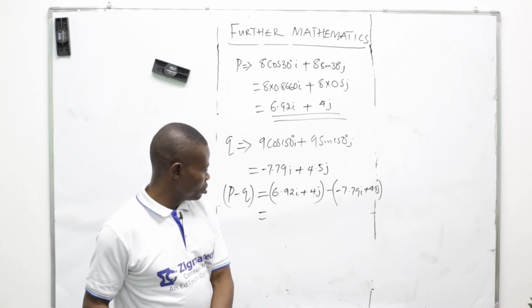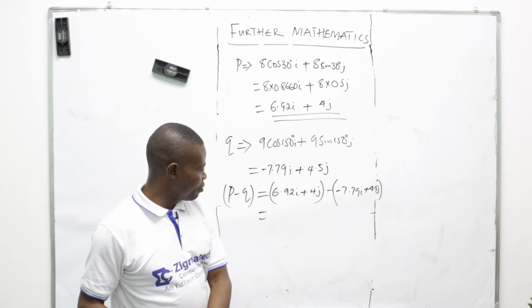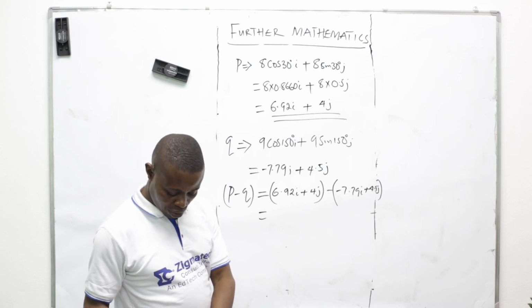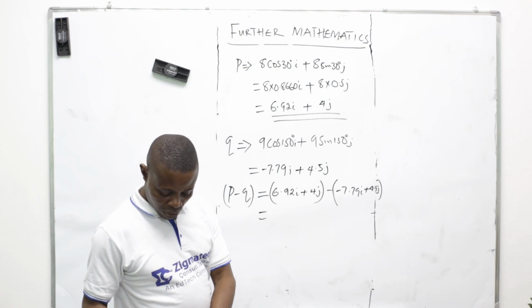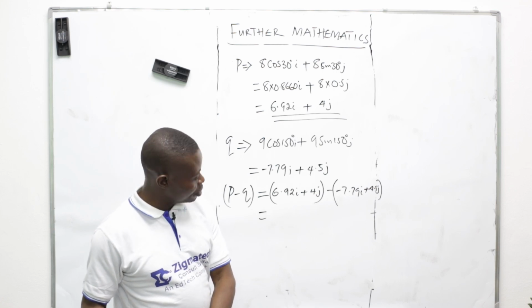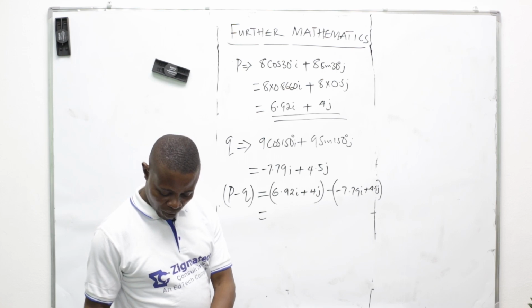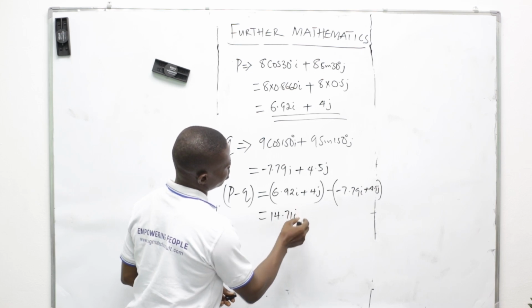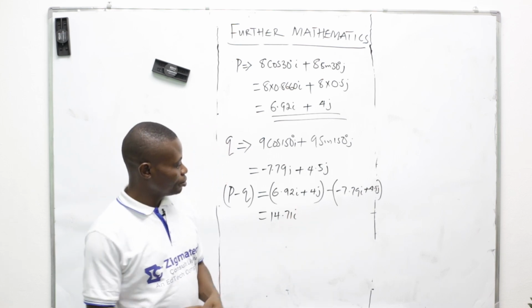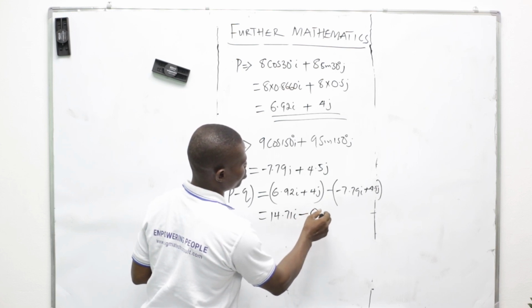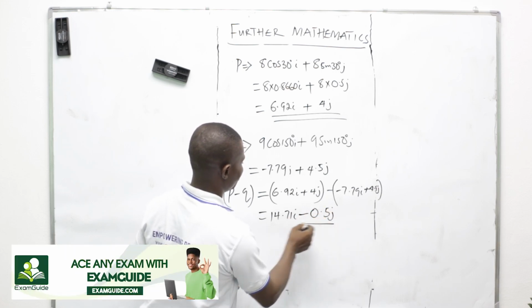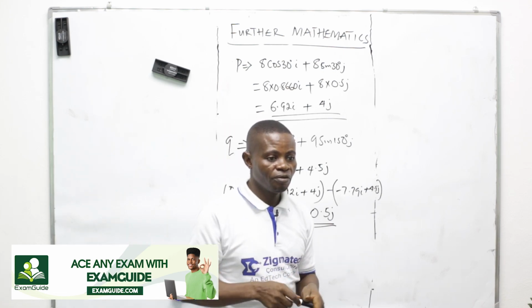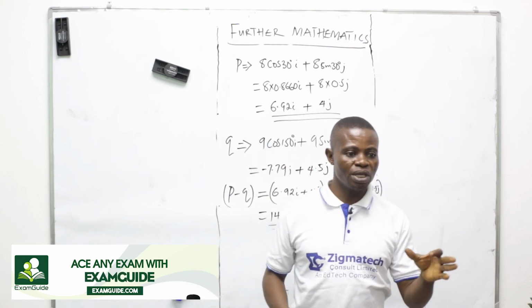So we'll have 6.92 plus 7.79, 14.71 I minus 0.5 J. This is the resultant of the two forces, or the two vectors P and Q.